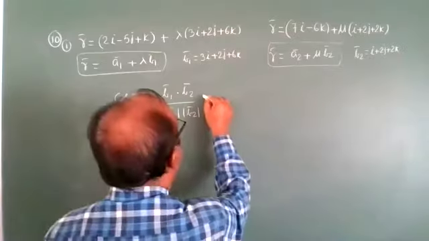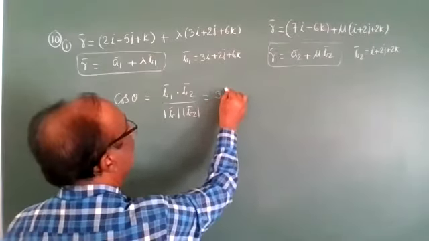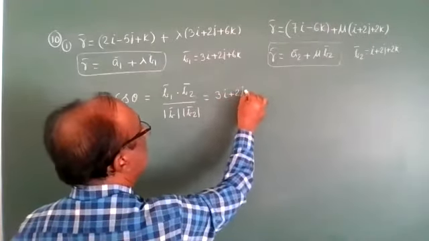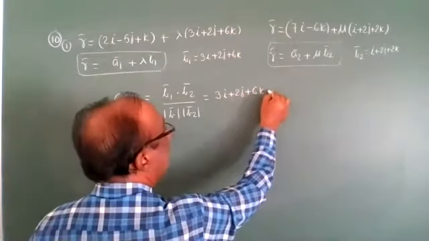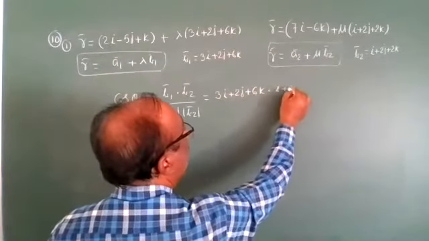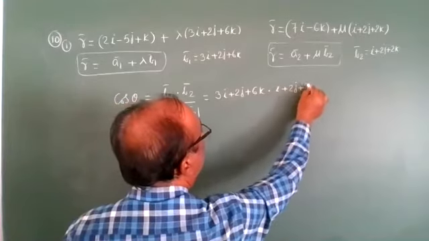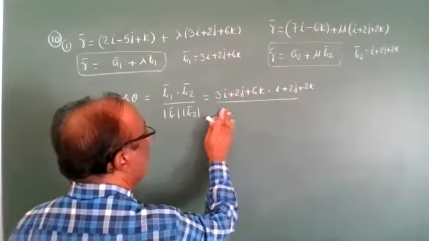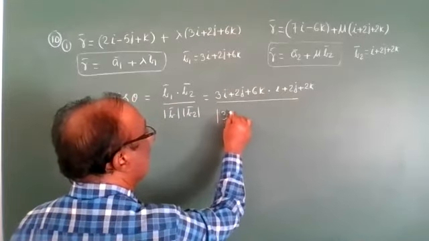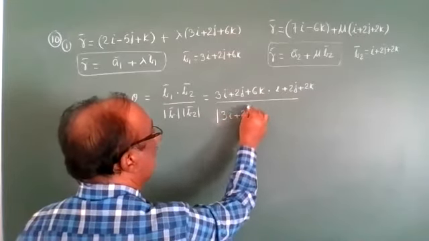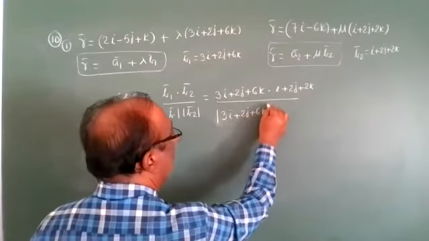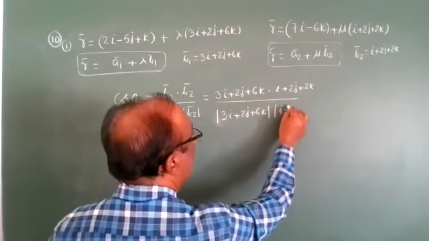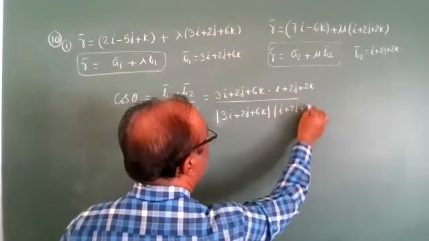Now write down: cos theta equals (3i plus 2j plus 6k) dot (i plus 2j plus 2k) by modulus of 3i plus 2j plus 6k into modulus of i plus 2j plus 2k.